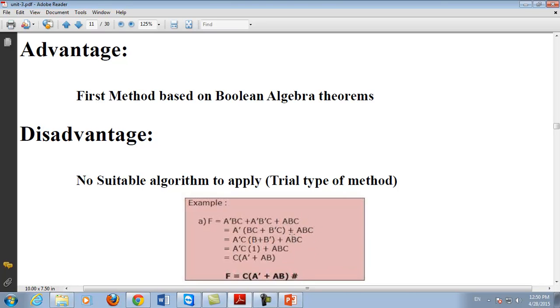If you want to minimize the number of gates, or reduce the complexity of this equation using the algebraic method, the steps are: firstly we take these two terms. From these two, A complement is common, the remaining is BC plus B complement C, and the remaining portion ABC is written as it is.